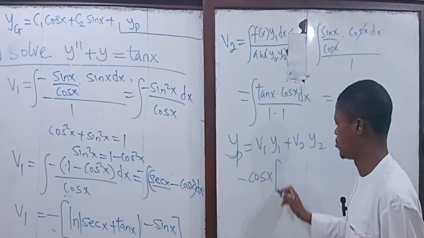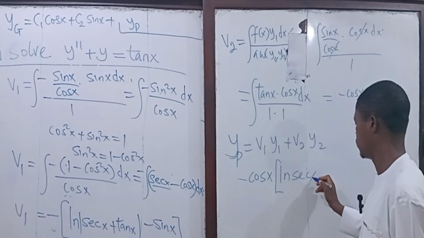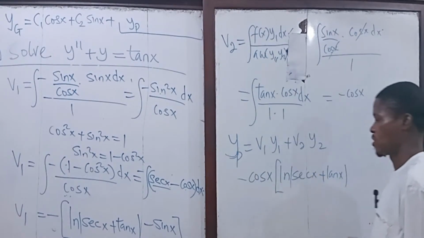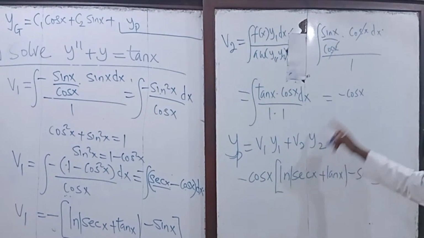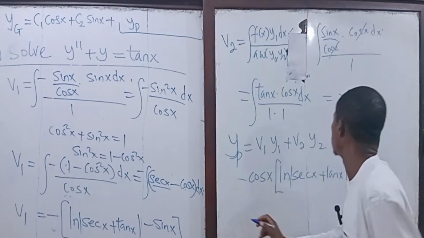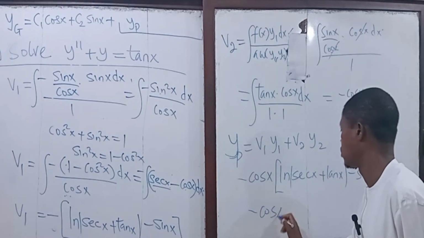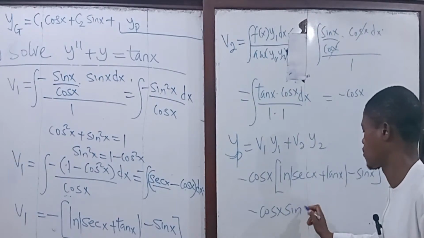Open the brackets, you have this, minus sin x, close the brackets. Then v2 is minus cos x, times the y2, which is sin x.